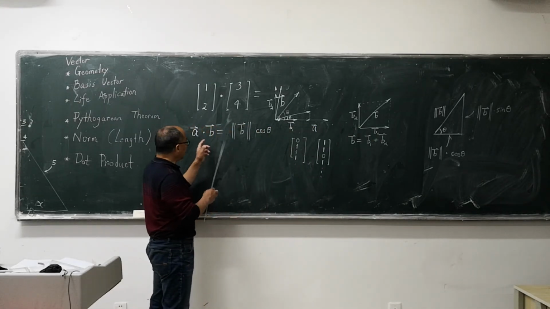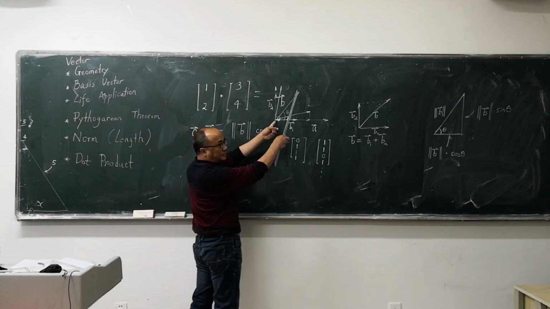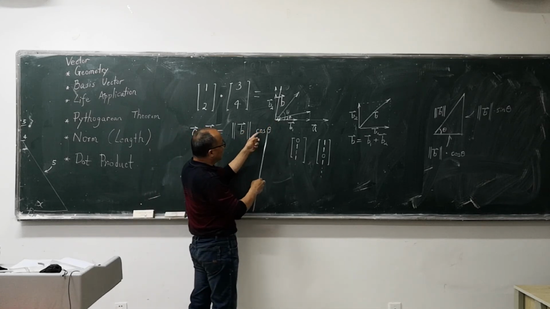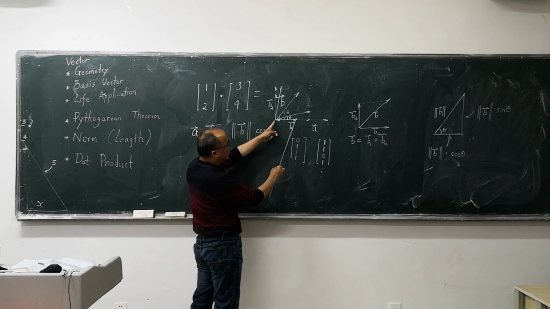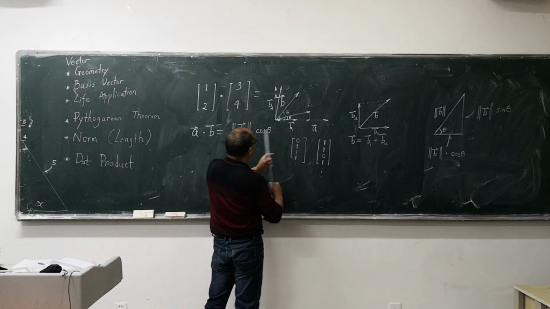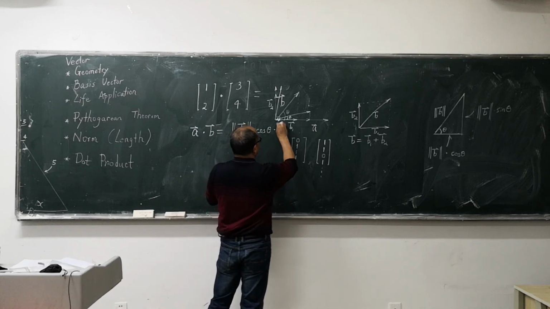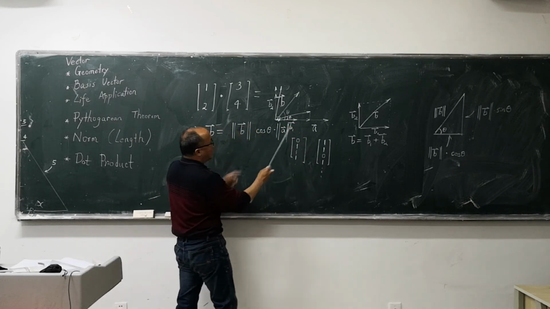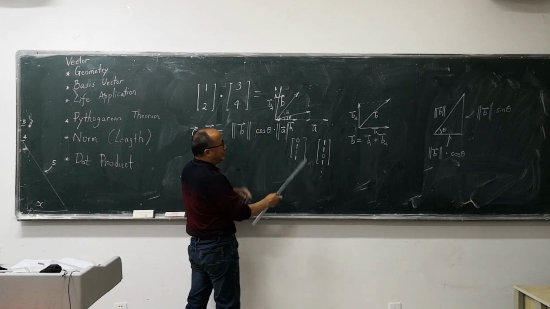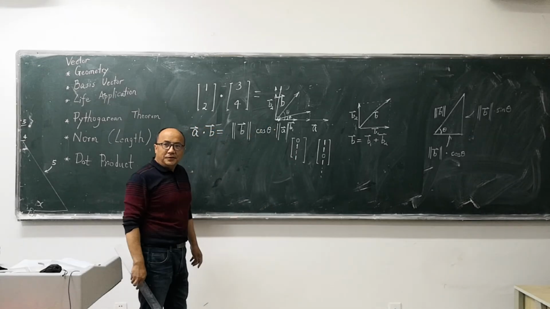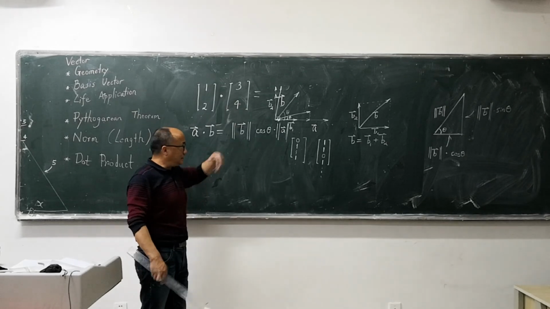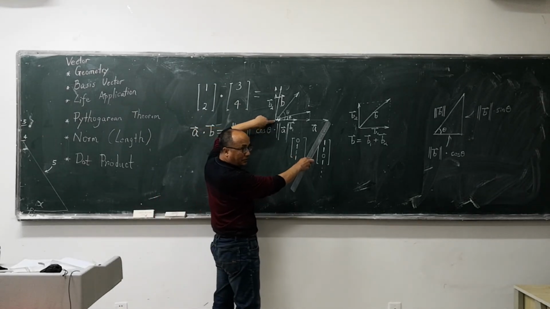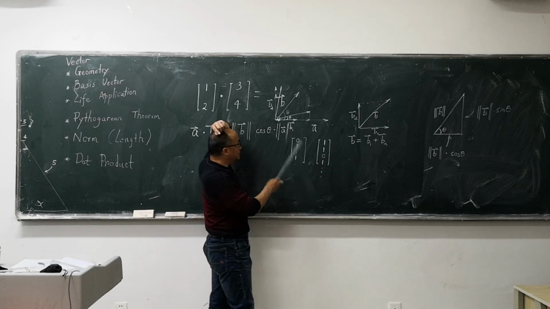So, this length times the cosine theta. So you got this length, okay? This length times the A. Let's say you are A. Your personality, you are vector A, okay? You have some choices.